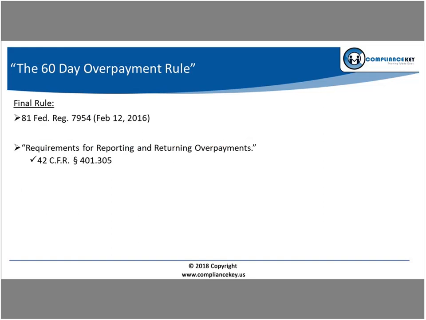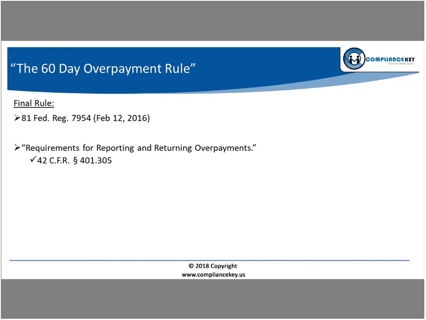Something else to note is that the 60-day overpayment rule focuses on those overpayments that are initiated or discovered through the normal course of business within the organization, whether that's a routine or a specific audit or another review of internal processes or something like that. So any overpayment determinations or demands or other final actions that are going to be asserted by a MAC or a RAC or CMS or the OIG or any other federal agency, those have to follow those existing processes for responding to those types of determinations.